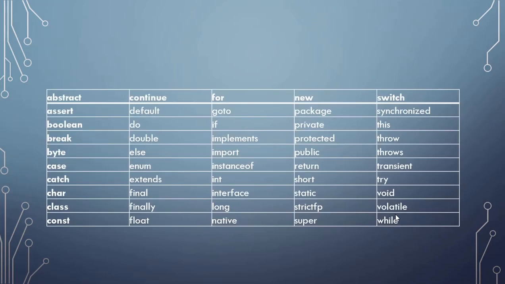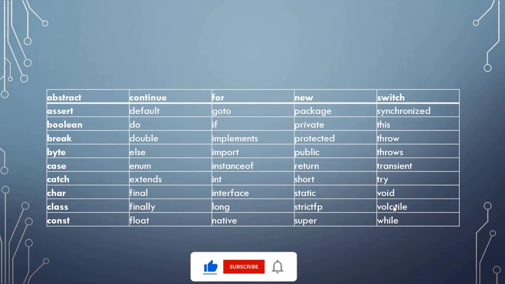These are the keywords or reserved words: abstract, continue, for, new, switch, assert, default, goto, package, synchronized, boolean, do, if, private, this, break, double, implements, protected, throw, byte, else, import, public, throws, case, enum, instanceof, return, transient, catch, extends, int, short, try, char, final, interface, static, void, class, finally, long, strictfp, volatile, const, float, native, super, and while.